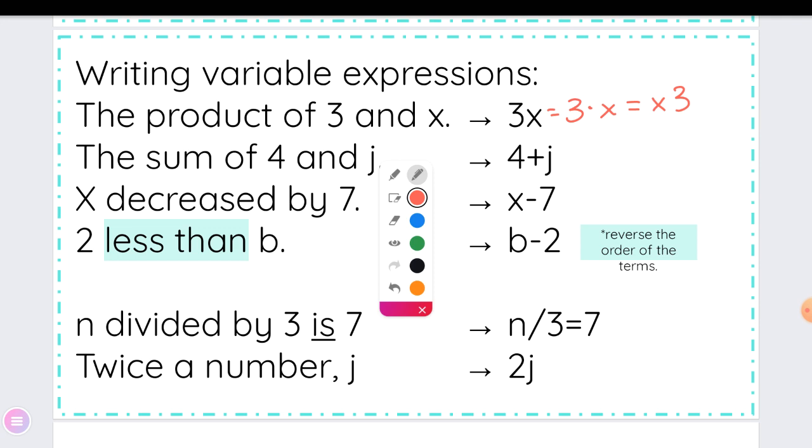So if you put the x in front, that's okay. You just also have to include the multiplication sign. Again, there's a ton more I can teach you about that, but for now, if you have a number and a variable, just put the number in front. That's the easiest way to remember it. 4 plus j, is there another way I could write that one? J plus 4 is the only other option.